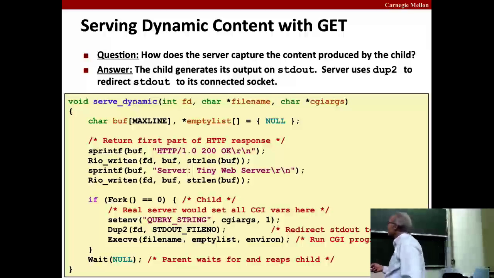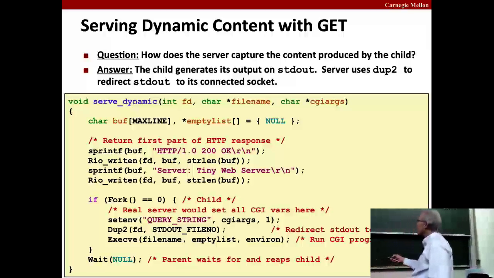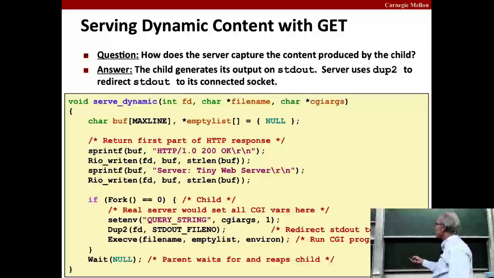And let's look at this. Now it's going to set up this CGI query string environment variable, and then use our friends dup and exec basically to redirect the standard output to its client.